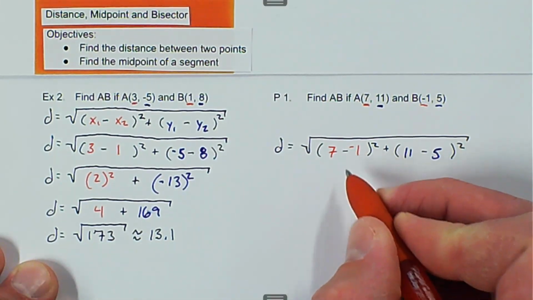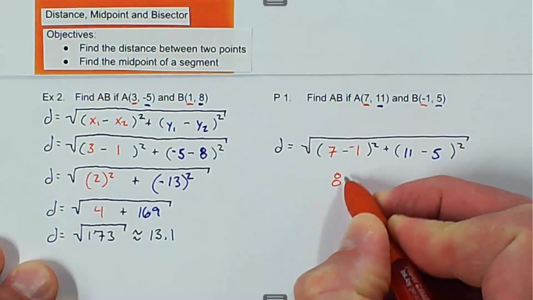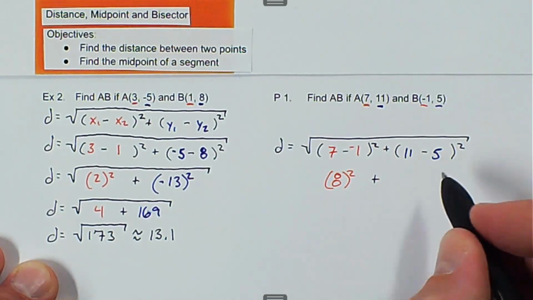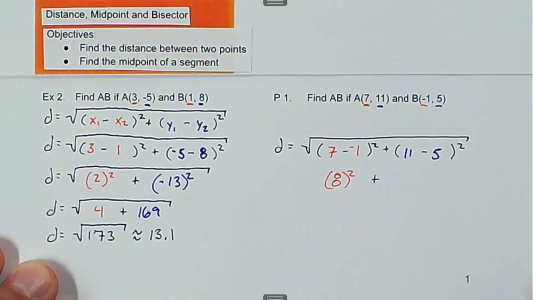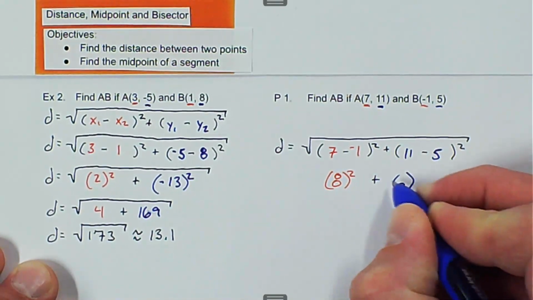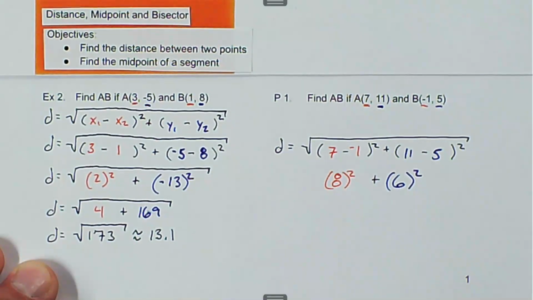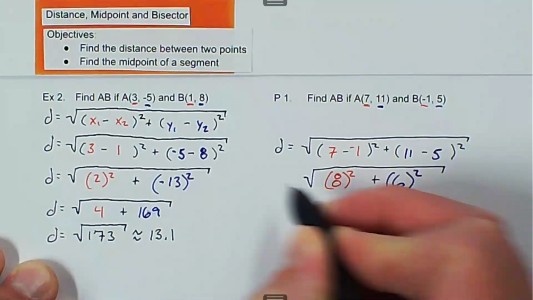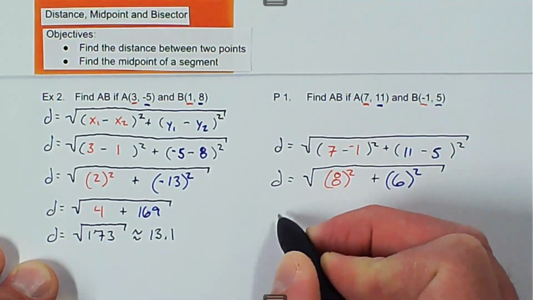7 minus -1, that's adding, so we get 8 squared. And then we get plus 11 minus 5 is 6. So we get 6 squared. And we do the square root of everything.